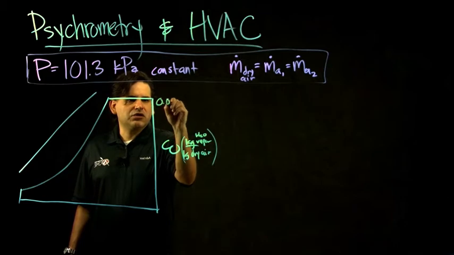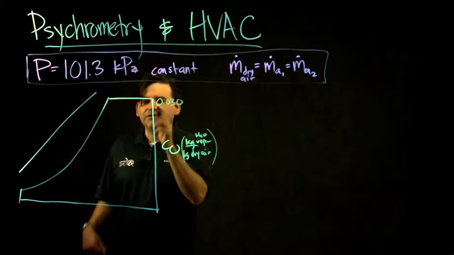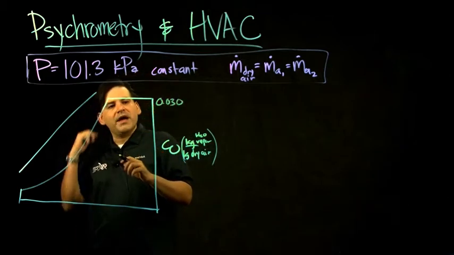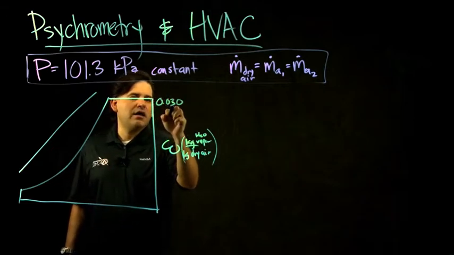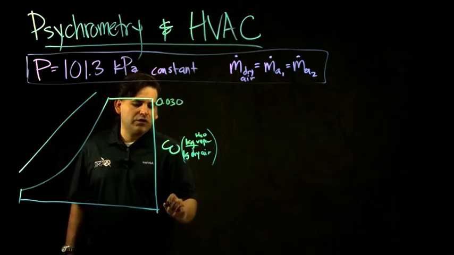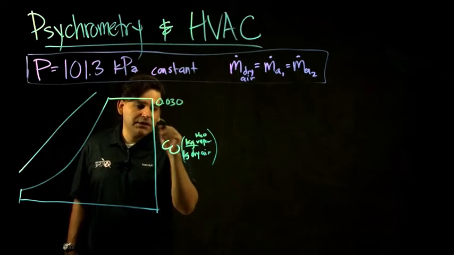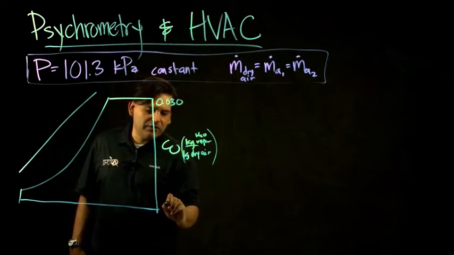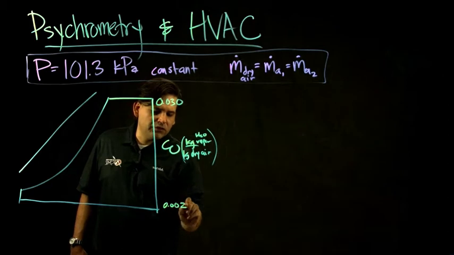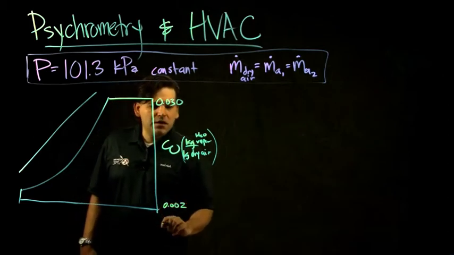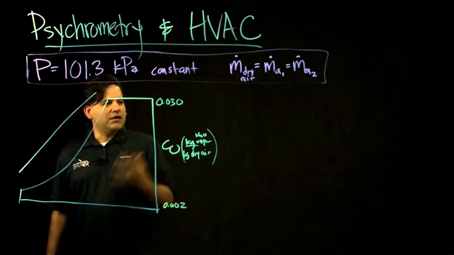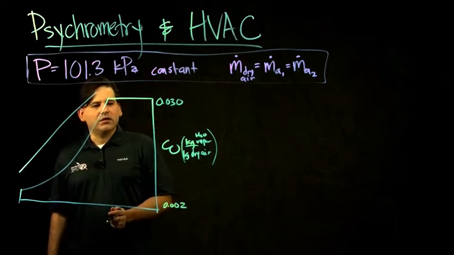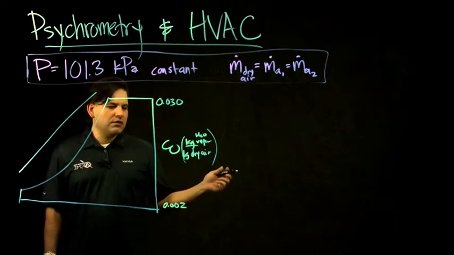So the typical chart says that at 1 atmospheric pressure, the maximum kilograms of vapor is 0.03, so like 30 grams per kilogram, and over here it's about 2 on the low end. So that's the typical loading of vapor that we deal with in a lot of our applications on Earth.